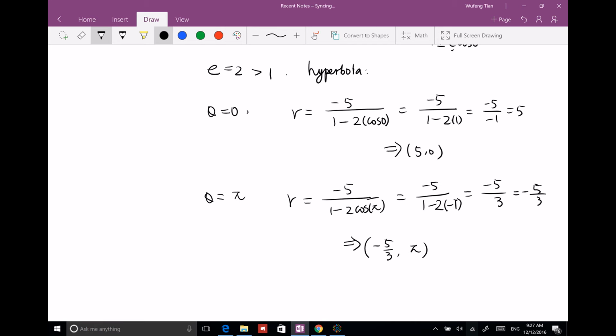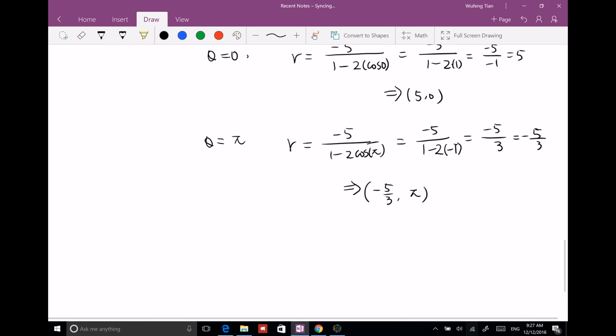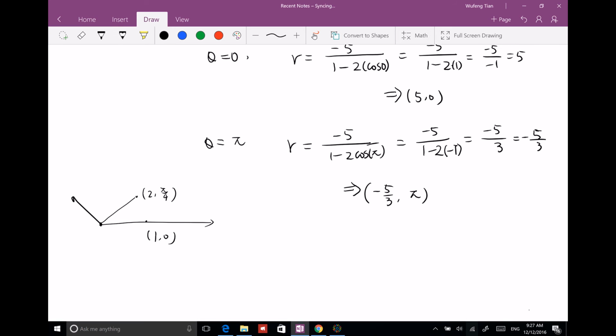Okay. There's a problem here. When we draw the polar coordinates, I'm not sure if you remember that. You have polar coordinates like 1, 0, or 2, pi over 4, or for example this one, 2, 3 pi over 4.